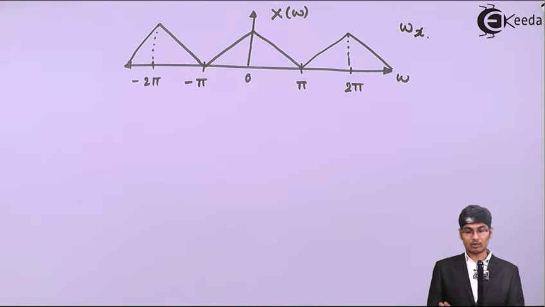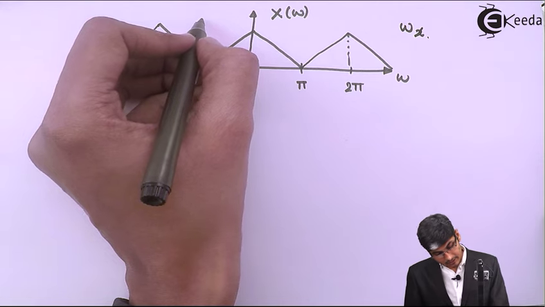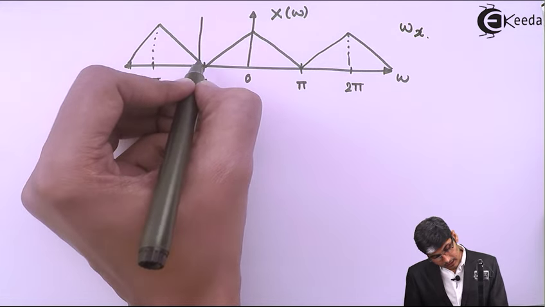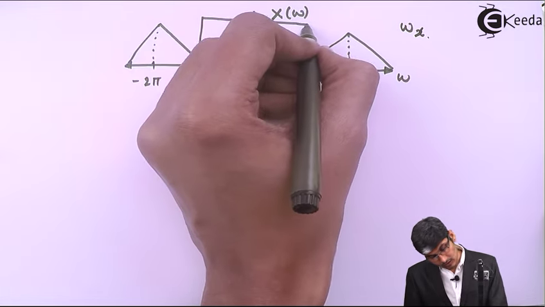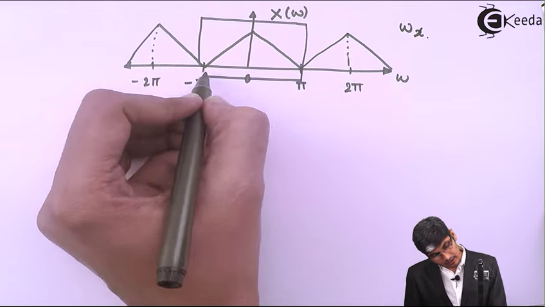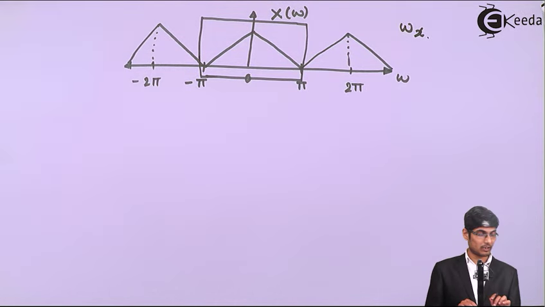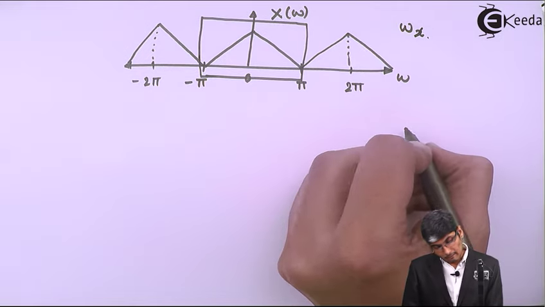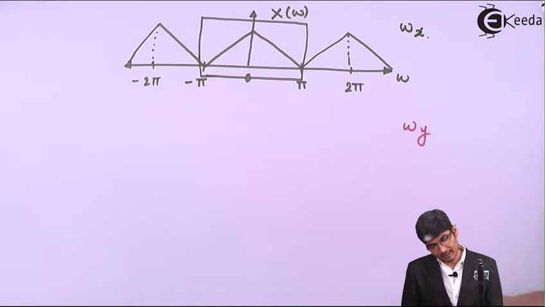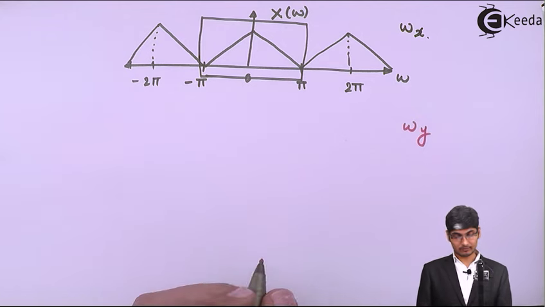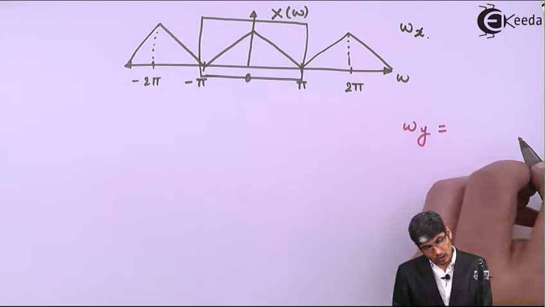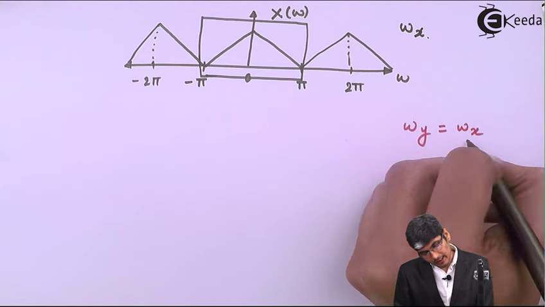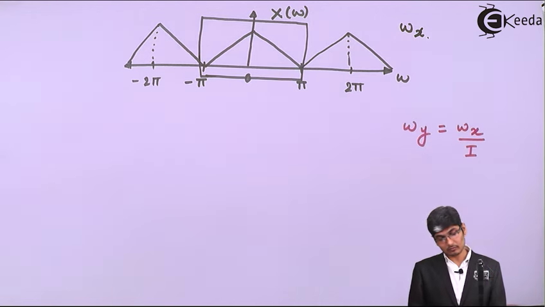I concentrate now only on this signal, because the rest of them are just repetitions. So let us concentrate only on what is happening from minus pi to plus pi. And now I draw the omega y signal, that means a new sampling rate. What is omega y equal to? Omega y equals omega x upon I.